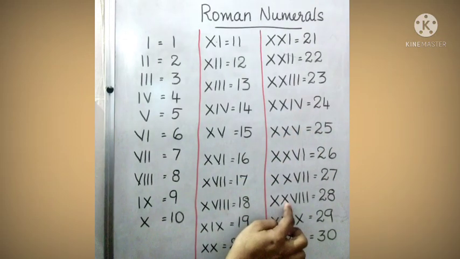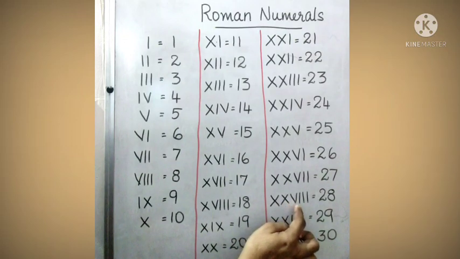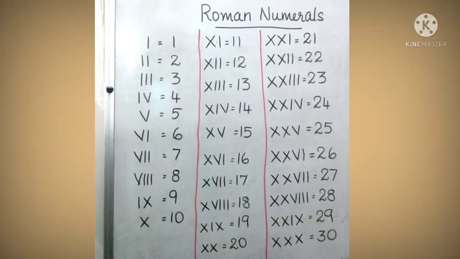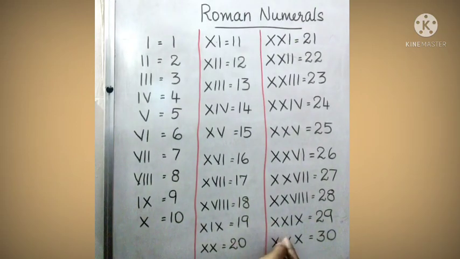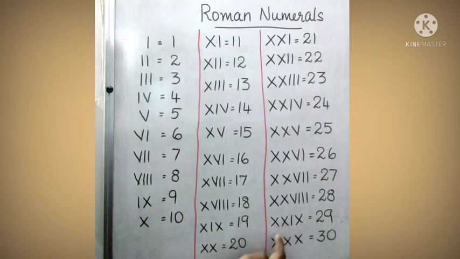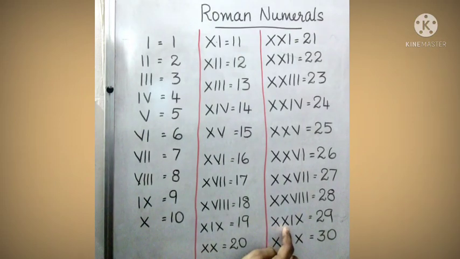Here 10 plus 10, 20. 20 plus 5, 25. 5 plus 3, 8, 28. Here, after 3 numerals it is not repeated. 10 plus 10, 20. 10 minus 1, 9. 20 plus 9, 29.